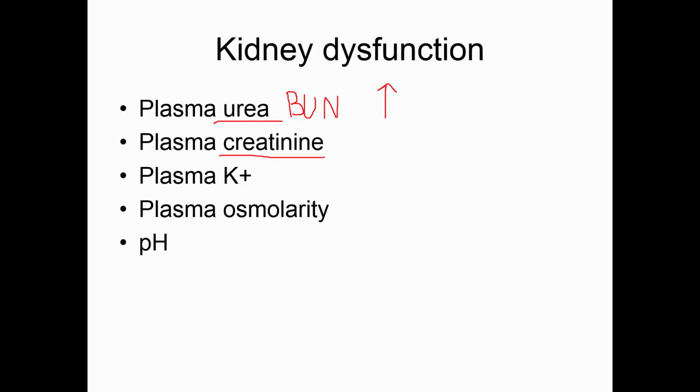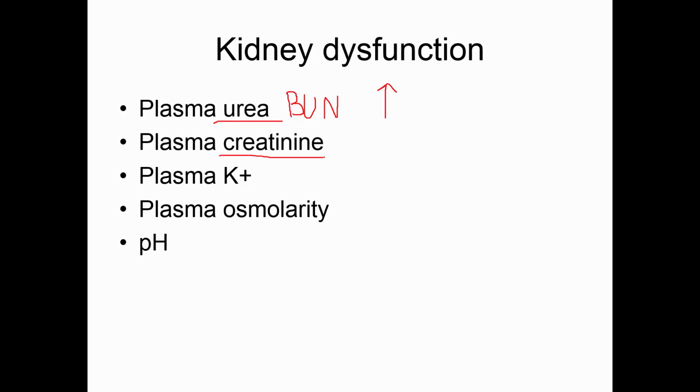Bottom line is, if you know that plasma creatinine production is fairly constant, then increases in plasma creatinine can serve as a biomarker of renal function. If your kidneys are not filtering the way you would expect them to, then you would expect plasma creatinine to go up.